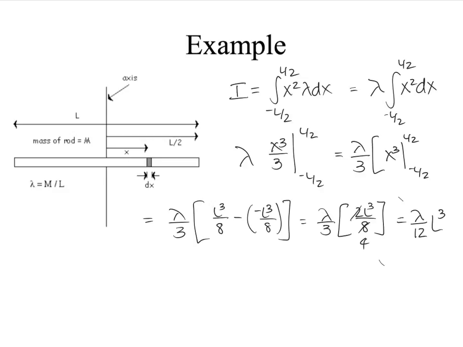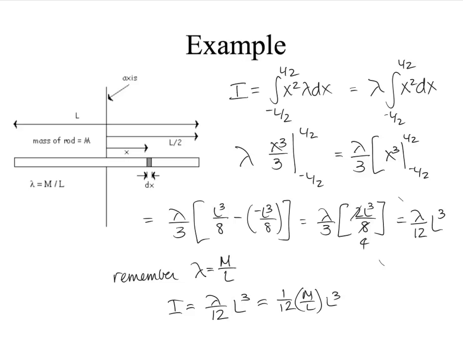Now this might not look like some of the expressions we saw in the tables, but remember, lambda can be expressed as the total mass over the total length. So where we had I equals lambda over 12 times L cubed, we can substitute m over L times L cubed, and we end up with 1/12 m L squared.